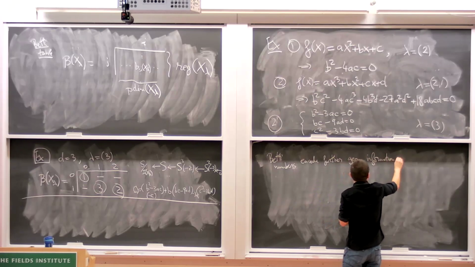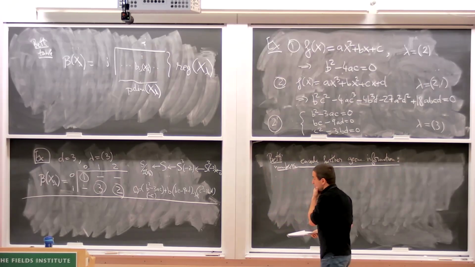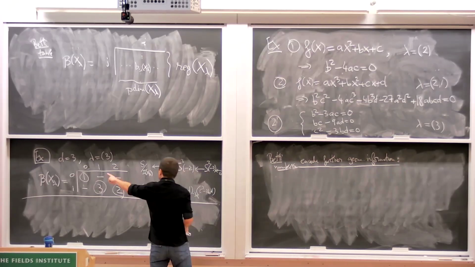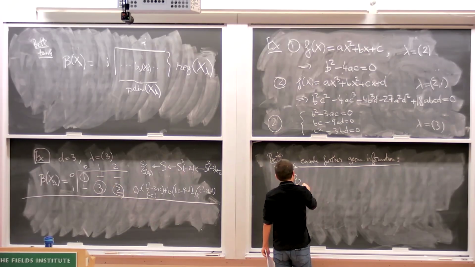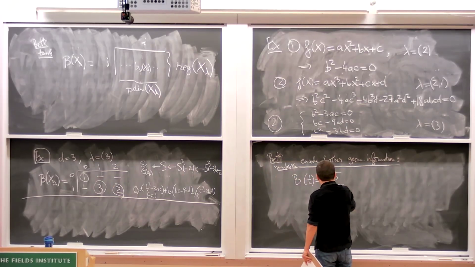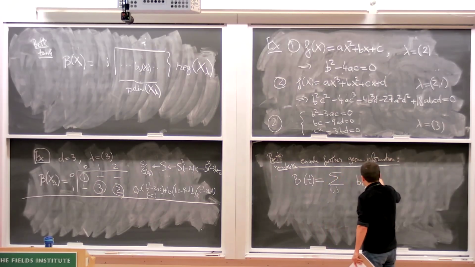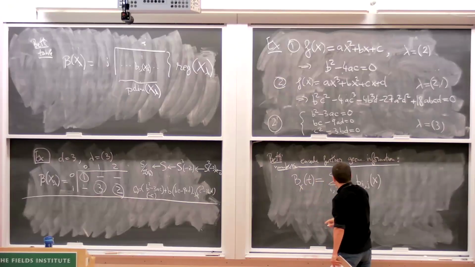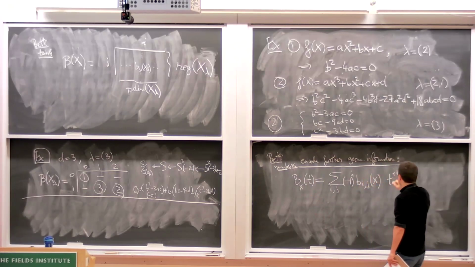I'm just going to give you one example of how you get such information. It turns out that by keeping track of the entries in this Betti table, you can form a polynomial, which I'm going to call B of t: sum over all i and j, b_ij of x, with a sign in front of it, multiplied by t to the i plus j.